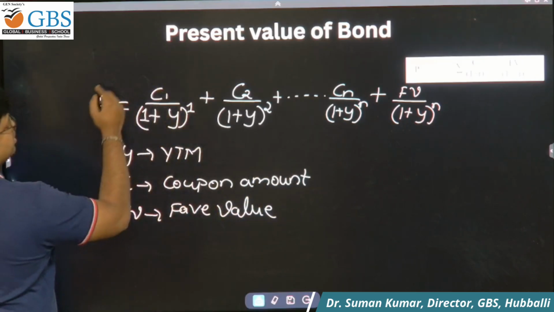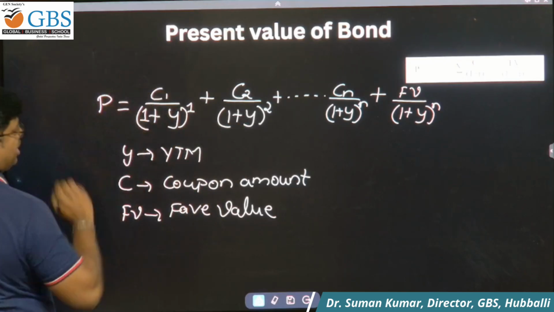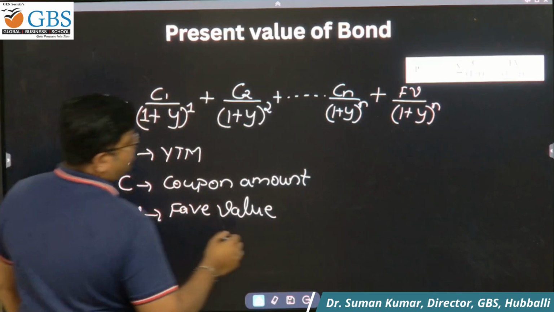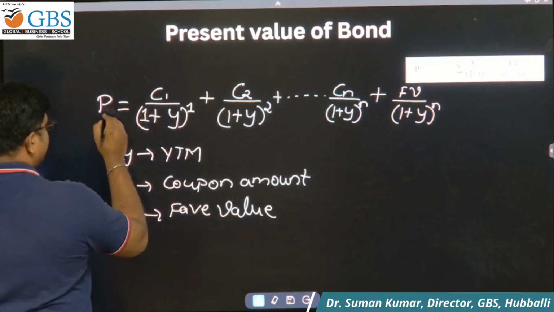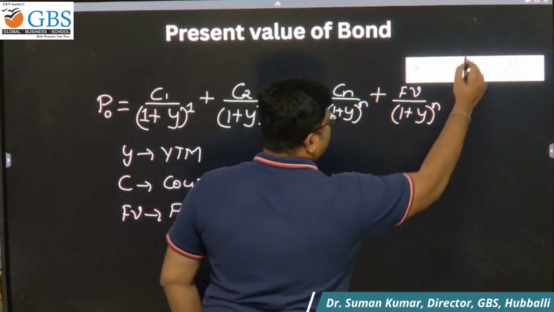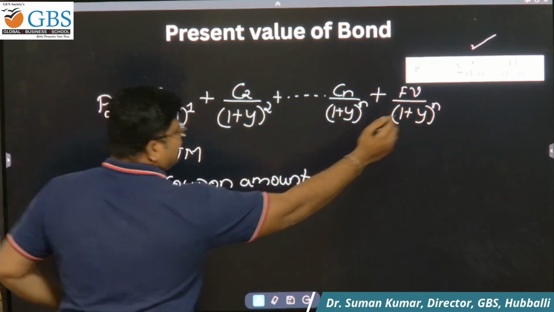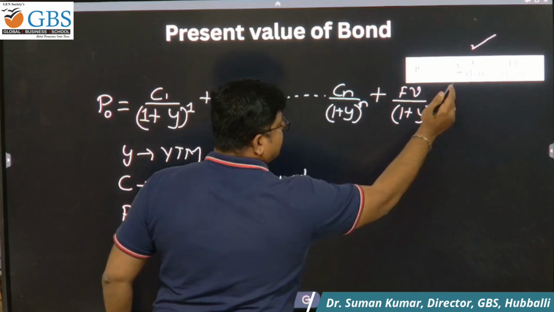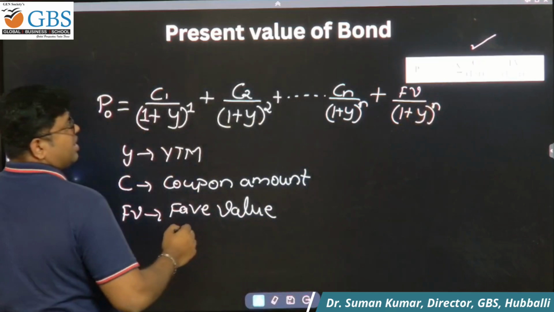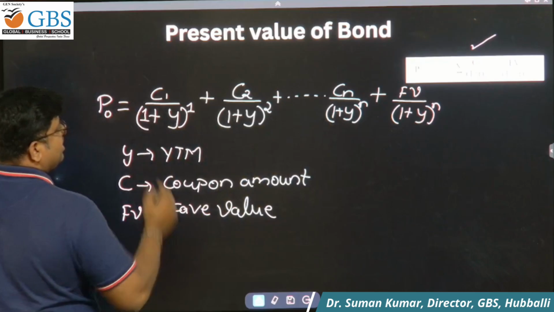So we are going to use this formula, that is present value of the bond, which we can also denote as P naught. We can also use this formula. This is expanded, this one is the short form, summation. Instead of writing all this long expression, we can write the summation.